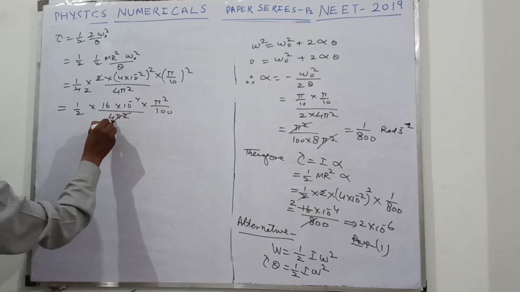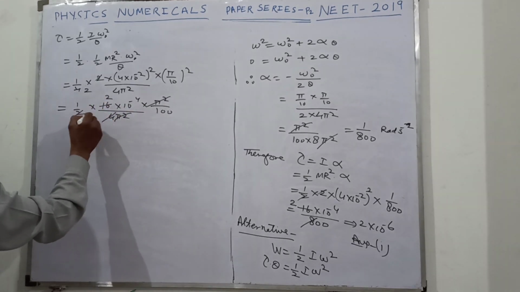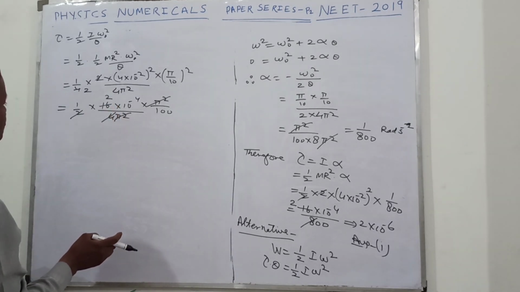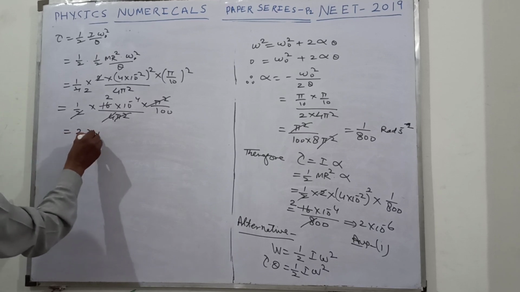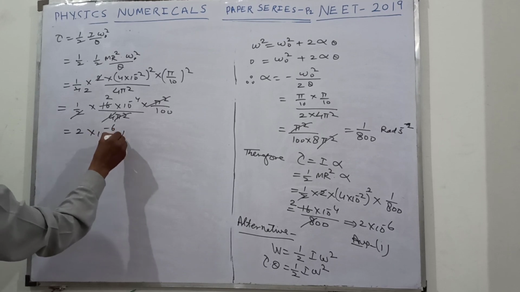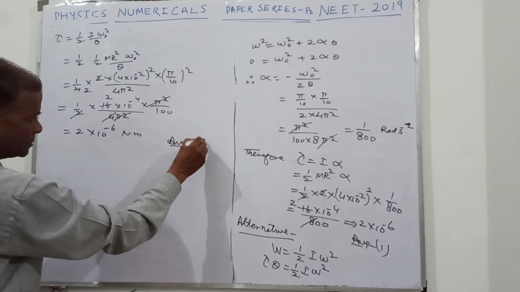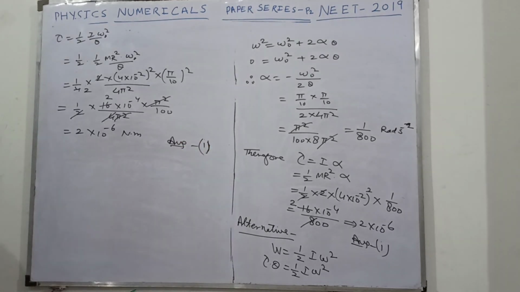So this pi square will cancel. 4 to 8, 8 to 16. So this is now your 2 into 10 raised to the power minus 4 and this is upon 100. So this is minus 6. So much Newton meter. Again our option is first. First option is right.